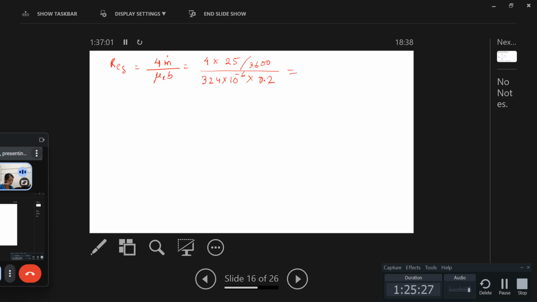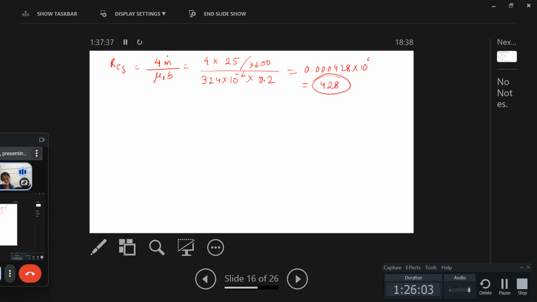So this will be 100 divided by... This is around 428.